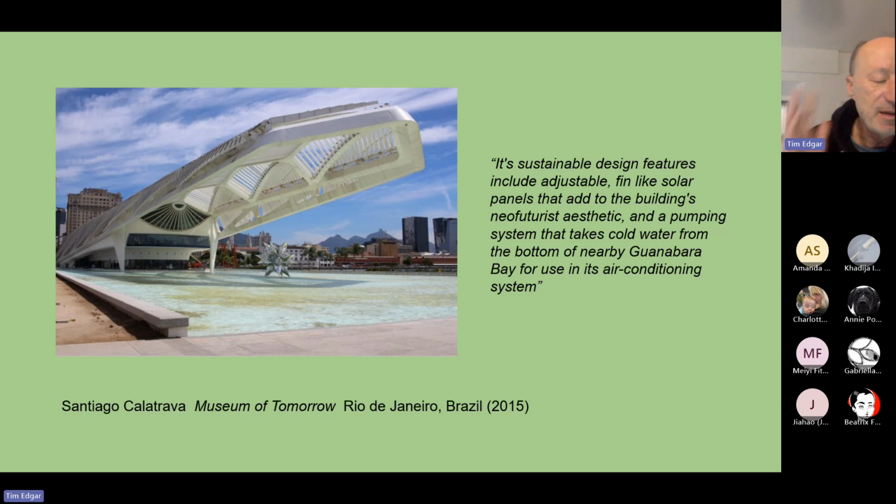And then obviously in architecture, it's huge, isn't it? So this is Calatrava's Museum of Tomorrow in Rio de Janeiro. Sustainable design, adjustable fin-like solar panels, so it's energy from the sun. A pumping system that takes cold water from the bottom of the bay for its air conditioning system.